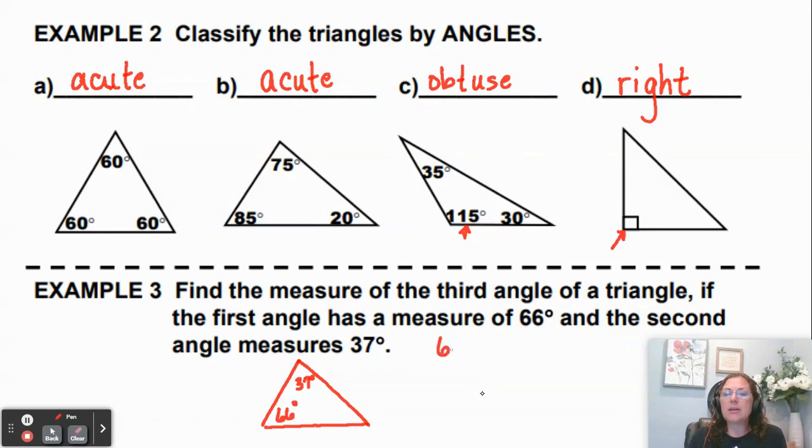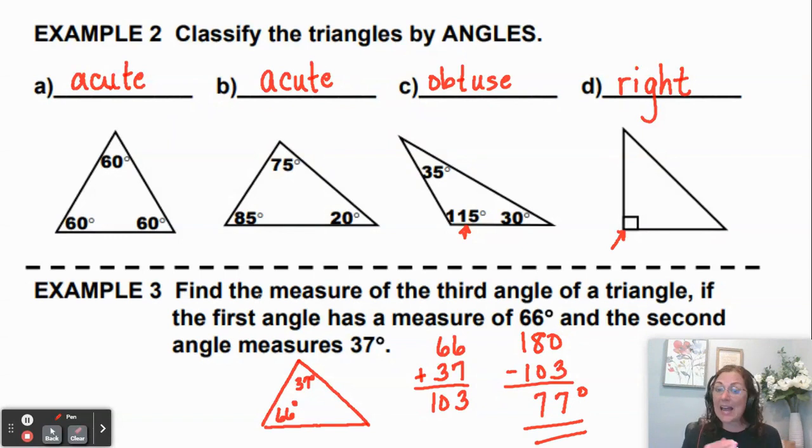So what I'm going to do is add the two I know. 66 plus 37 will give me 103. And then I'm going to subtract that from the 180, and I'll get 77. So that third angle is 77 because I know all three angles added together have to give me 180 degrees.